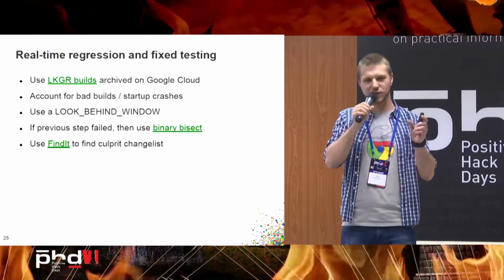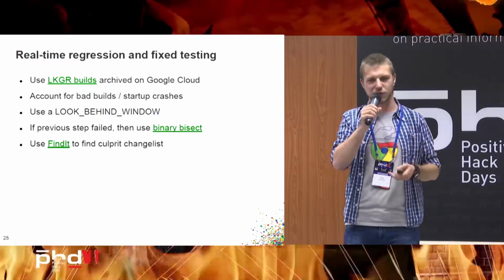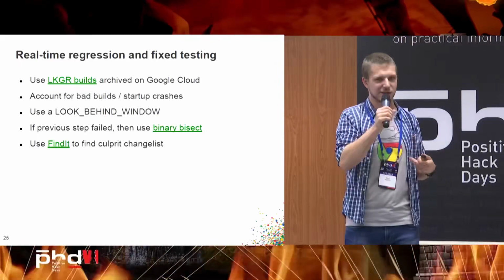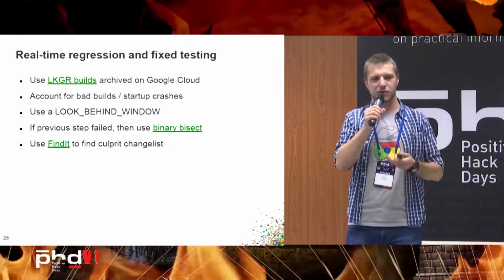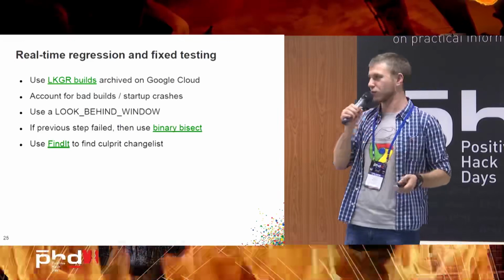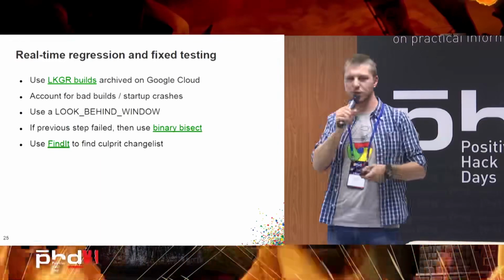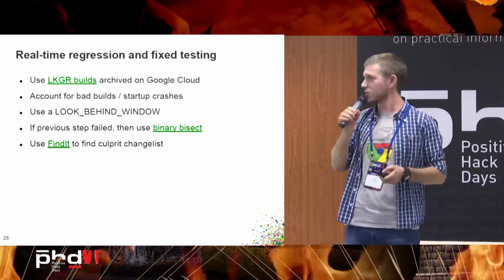So the look-behind window is an important parameter, because if it turns out that this is not a recent addition to the code, then we need to do a binary search in order to find the particular commit that introduced the bug we are currently seeing.